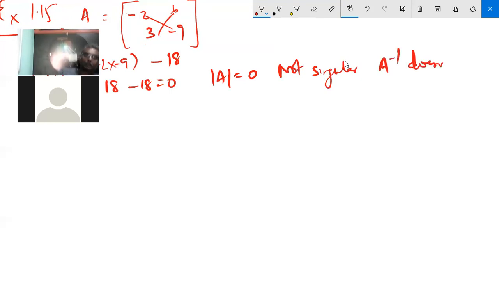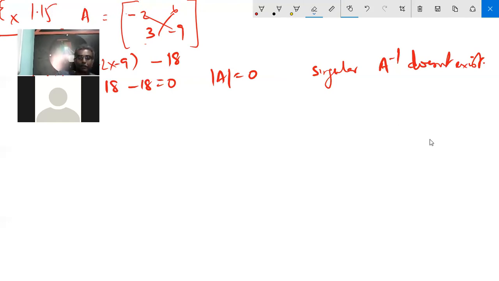Otherwise we should not go on doing all the work. This is very important. So let us rub it off. Uncle, it should be singular matrix, no? Yes, it is a singular matrix. Okay, you said not singular. Oh, sorry, it is a singular matrix.